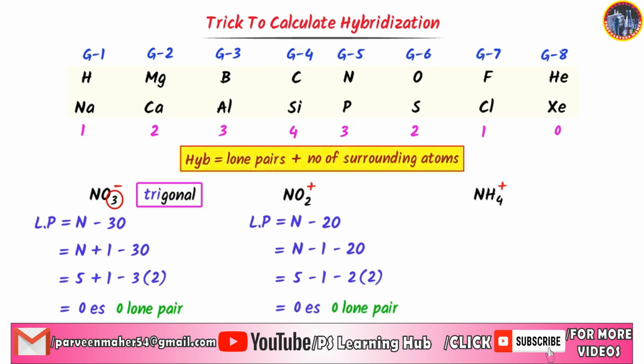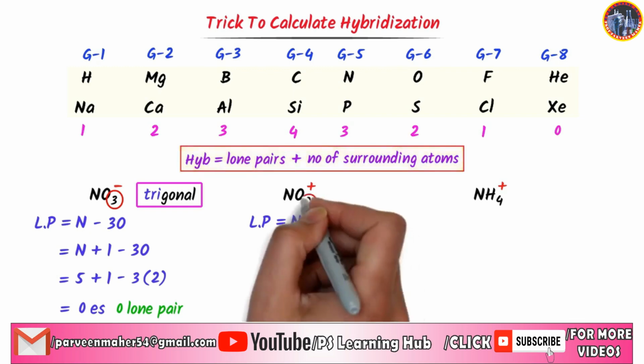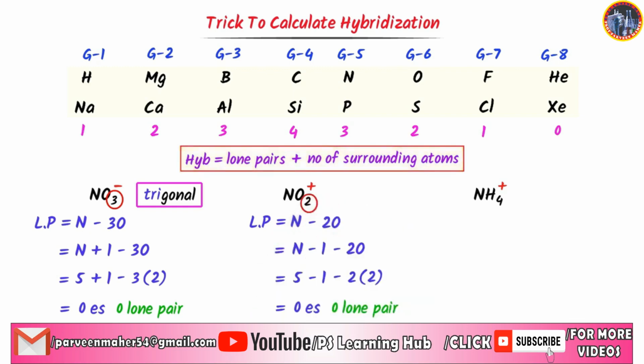We know that hybridization is equal to lone pair of electrons plus atoms surrounding the central atom, or 0 plus 2 is equal to 2 hybrid orbitals. This 2 means 1 is s and 1 is p hybrid orbital. So hybridization of nitrogen is sp, and we know that for sp hybridization, the structure of molecule is always linear.